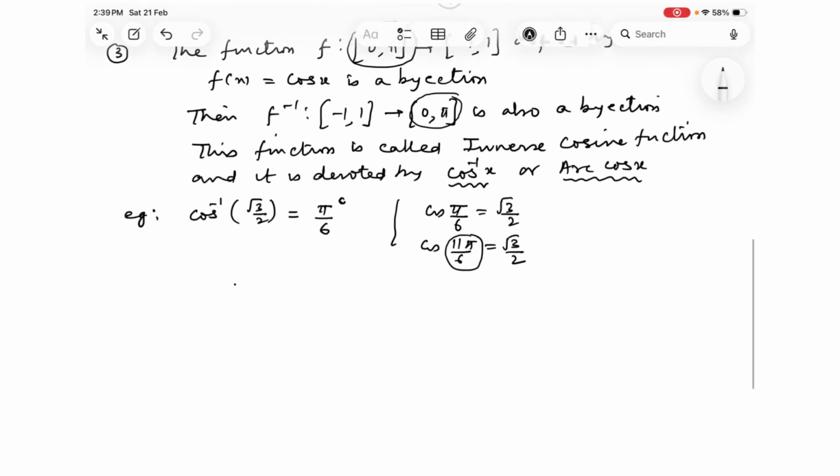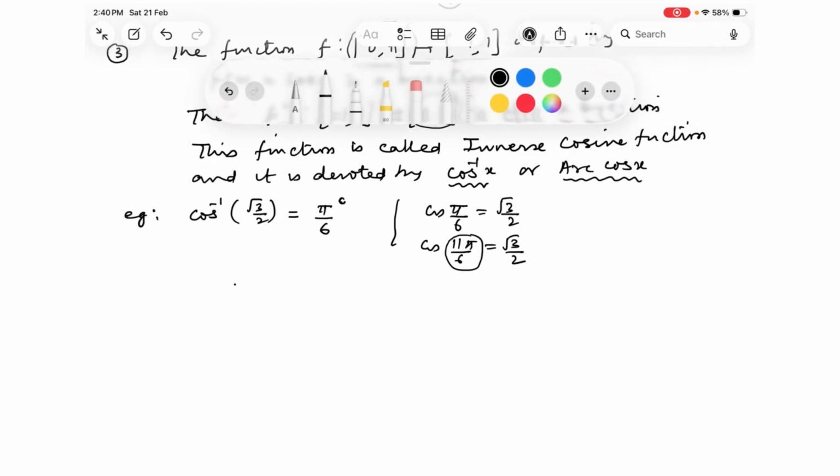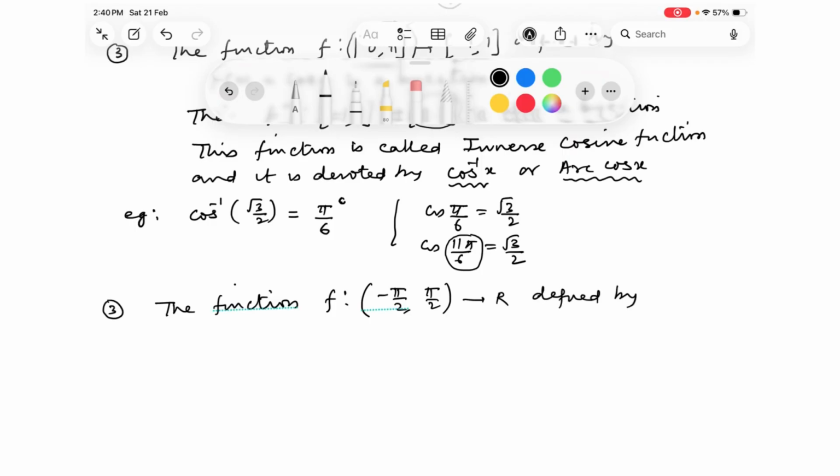Now let us come to the next inverse function. The function f from open interval minus pi by 2 to pi by 2 to R defined by f x equal to tan x is a bijection.